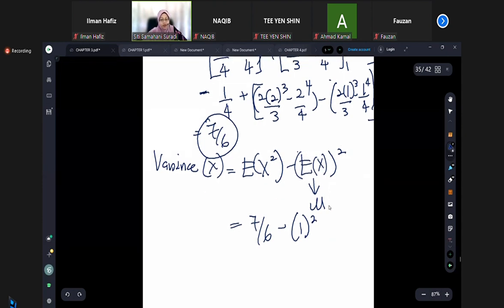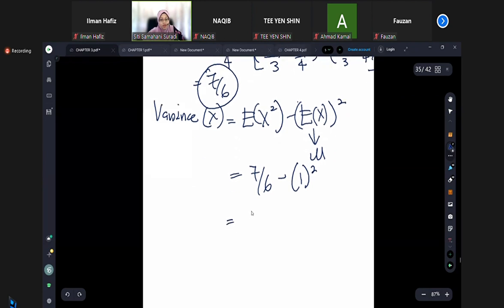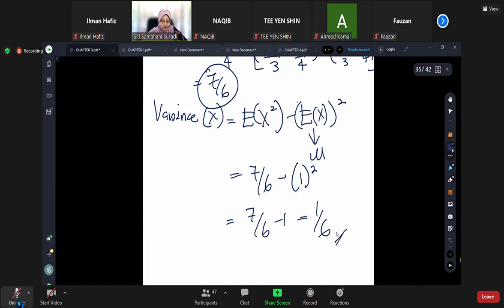So that is the different meaning. So that means 1 to the power of 2, then you get 7/6 minus 1. So the variance is 1/6.